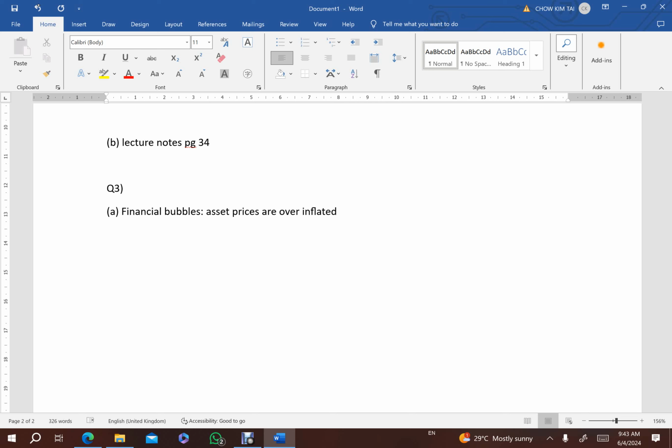A lot of people buy the asset. Okay? So the definition of a financial bubble: asset prices are overinflated. The market price for the asset is much higher than the fair value. The market price of the asset is very much higher than the fair value.